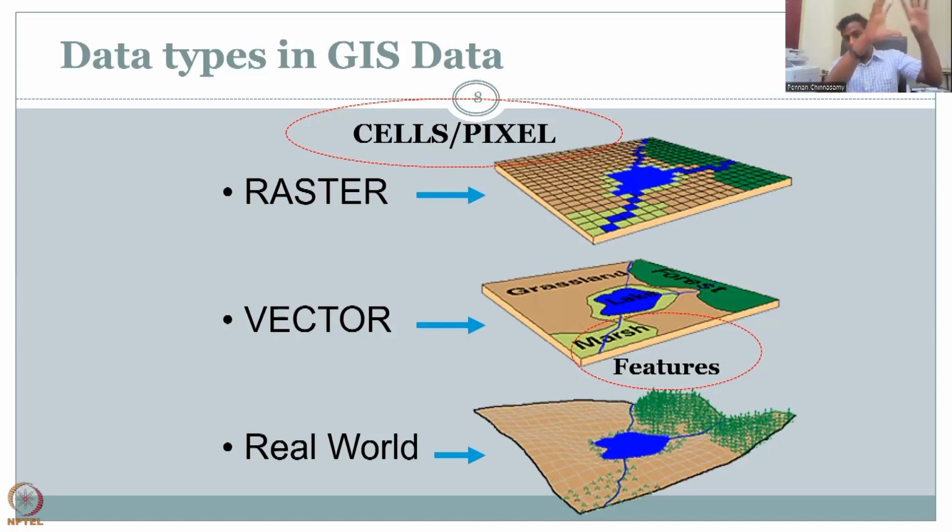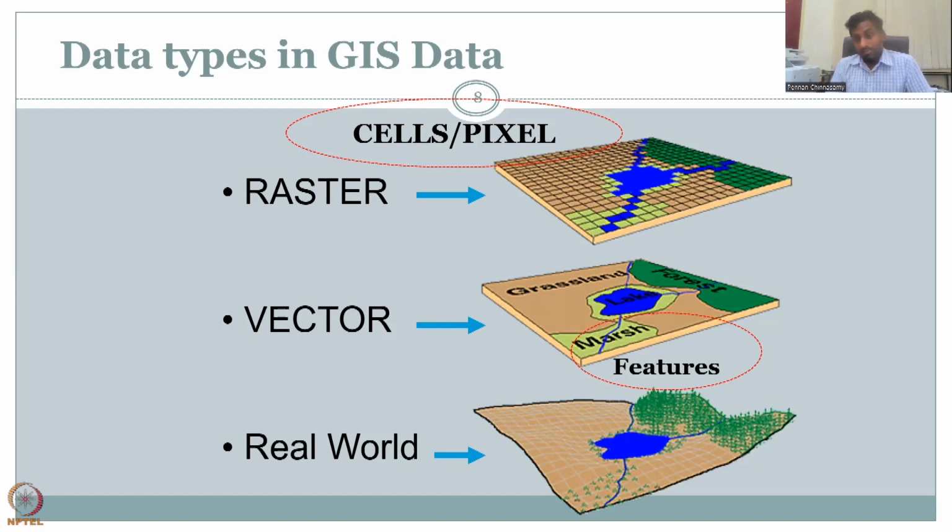You cannot have a rectangle on the top and then a square on the bottom. Also, the squares should be of the same size. The size is determined by the cameras and the data acquisition system. We will not get into that, but understand that whenever you download raster data, you should understand what the grid size is, which is the spatial resolution, and the camera or whatever has been used to form the grids.